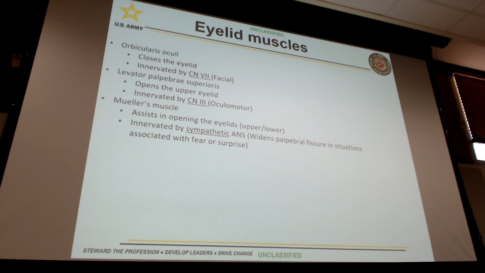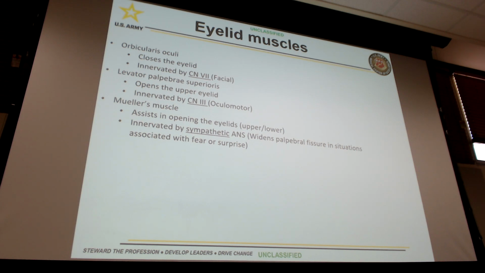So if you get startled, there are many things that happen to your body, but your sympathetic nervous system kicks in, and it's going to activate Mueller's muscle, so it opens your eyes up really wide. Okay? And the sympathetic nervous system is also going to dilate your pupil a little bit, and that allows your body to see more and react to anything that's around you that's causing the fear or surprise.